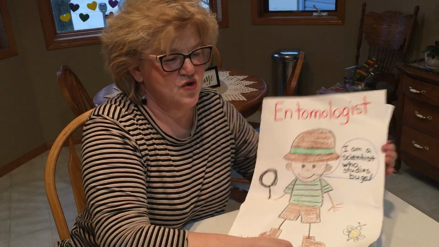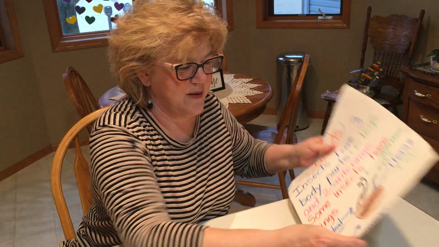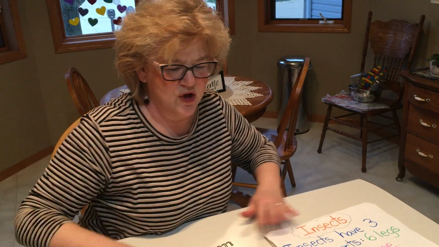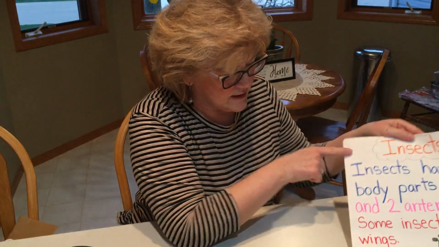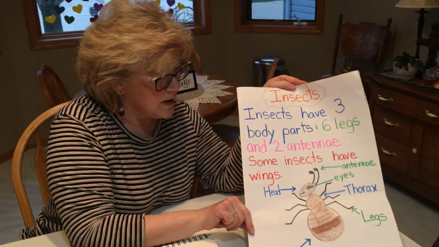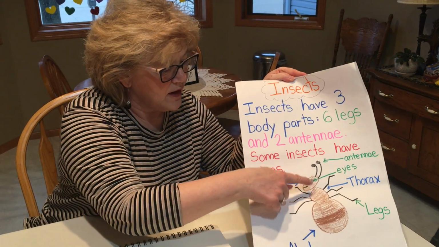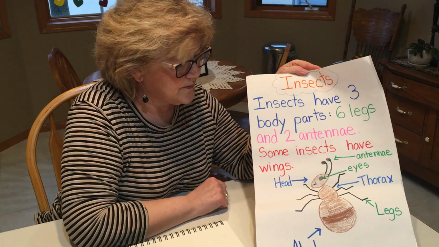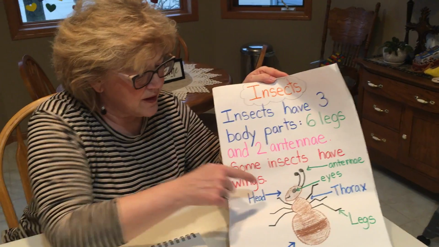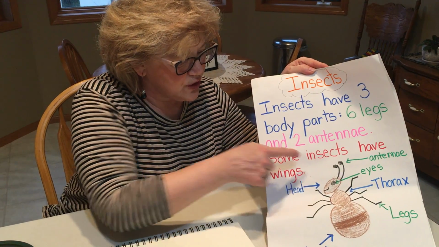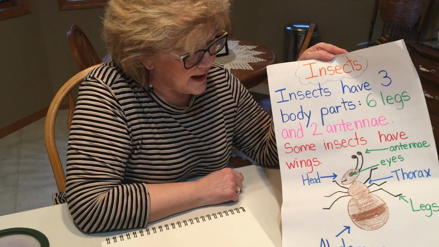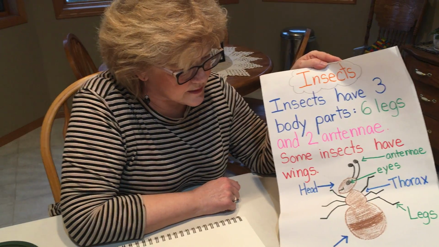So I'm going to show you, because this is something we have for you to do this week for your learning time, how to draw an insect. And so my chart says an insect. Insects have 3 body parts, head, thorax, abdomen, 6 legs, 1, 2, 3, 4, 5, 6, 2 antenna, and some insects have wings.